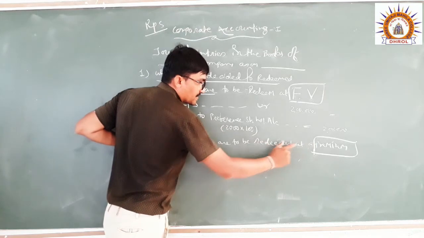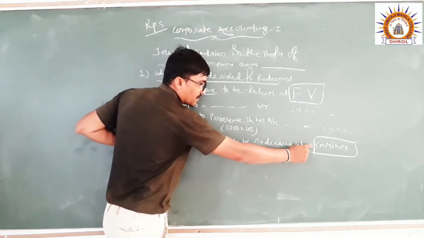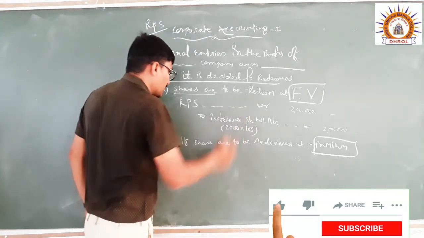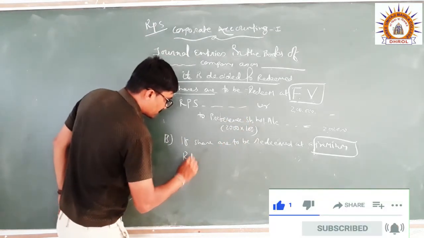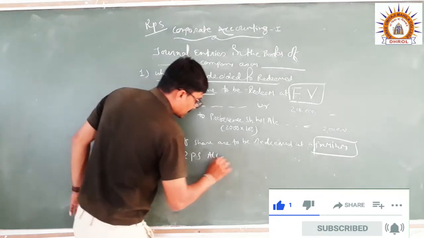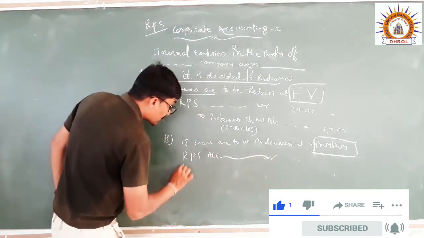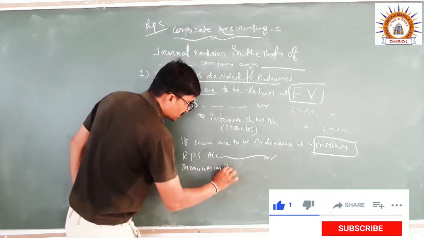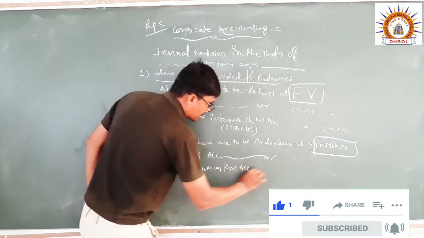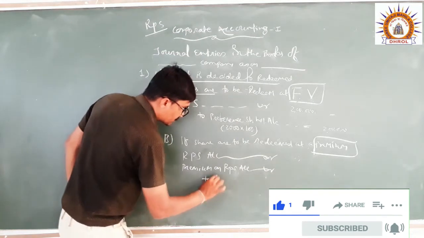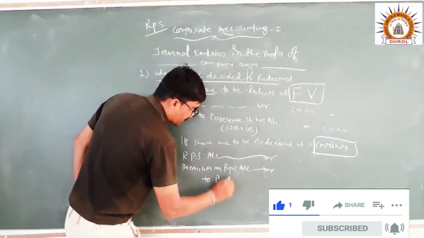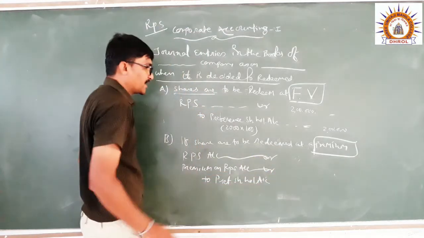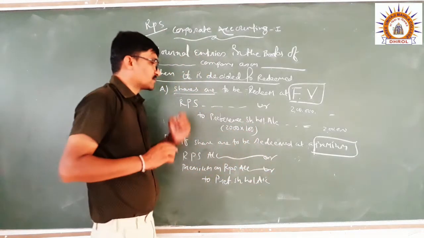Now the entry is being made when the company's shares are redeemed at a premium. This is the face value. Now RPS account debit, premium on RPS account also debit, and to the same preference shareholder account.